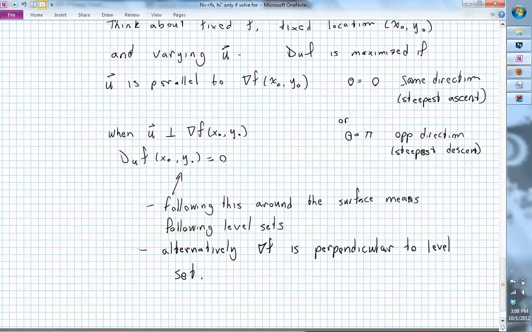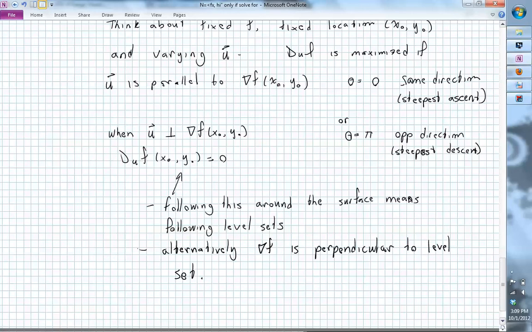There are two ways to look at this. I can use this information to follow a level set, or I can just note the gradient vector is perpendicular to this level set. Right? Here's the direction of steepest ascent. If I go 90 degrees, I know that I'm going to be following a level curve. Well, don't bother going 90 degrees. Just keep facing the steepest ascent and note that the level curve hits this point right here perpendicular.